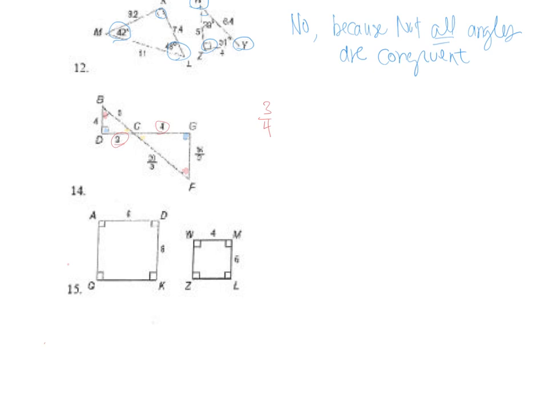If I keep going then and match up the next one, we have 4 over the 16/3, and so that is actually going to reduce and be 3/4 also. And then our last one, we're going to have 5 over 20/3, and that's going to reduce and be 3/4. So for this particular one, our scale factor is 3/4.